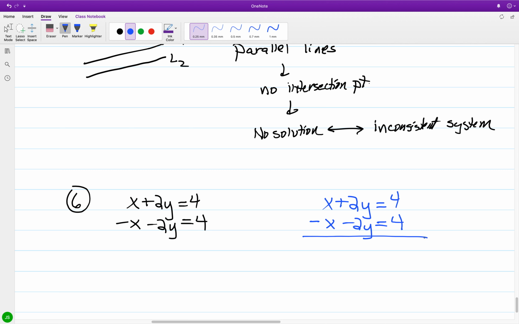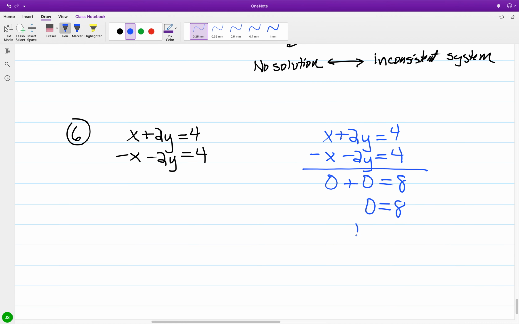If I add the equations together, x minus x is 0, 2y minus 2y is 0. However, 4 plus 4 is 8, and that is going to be false. So this means that for this system there is no solution. The graphs would be lines running parallel. So you have no solution, and an inconsistent system.